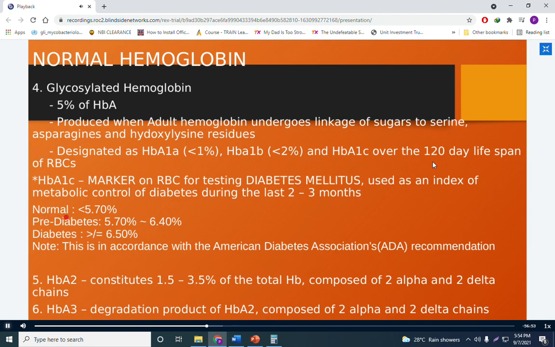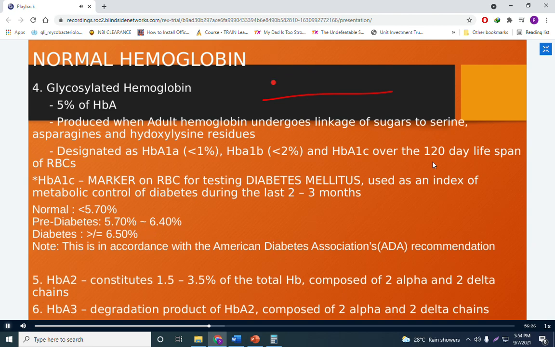The normal values for HbA1c are less than 5.70%. If you are pre-diabetic, when you say pre-diabetic, class, ang borderline, malapit ka nang maging diabetic, 5.70 to 6.40%. Then, if you have diabetes, it is greater than or equal to 6.50%.